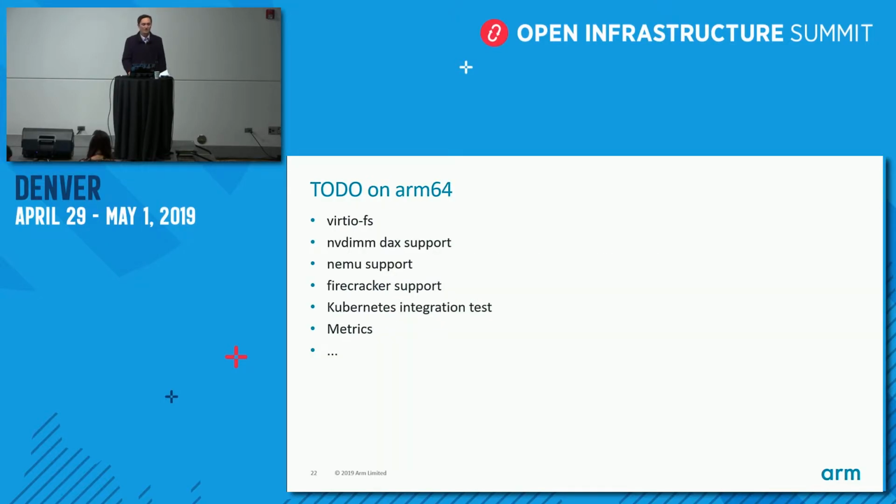Finally, here is the to-do list on ARM64 in the future. For example, the virtio-fs items, which might be the hot topic in the community currently. And second, the NVDIMM DAX support. On the kernel side, the patch series is under internal review. And on the QEMU side, the patch set has been sent out, and I think more comments are needed here.